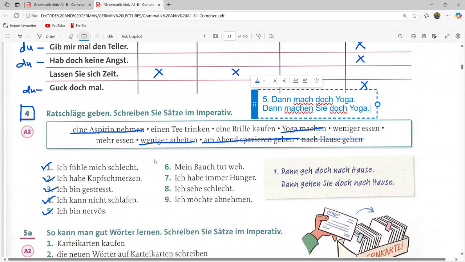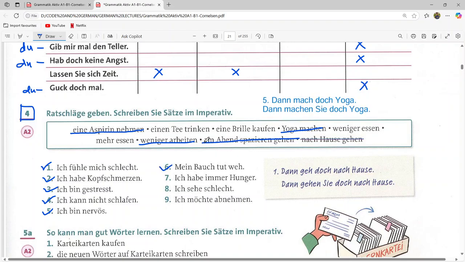Next one, "Mein Bauch tut weh," my stomach hurts. So if the stomach hurts, we can say to eat less, right? Or drink tea. Okay, we can say this one, drink tea.